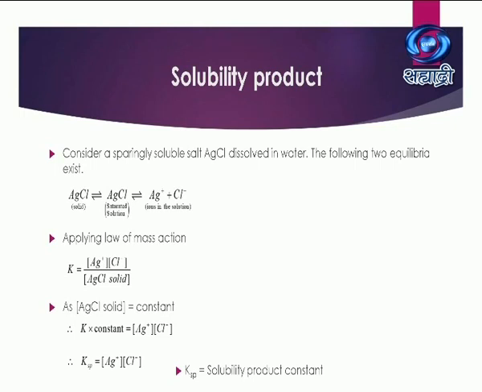Let us consider the first example: a sparingly soluble salt silver chloride dissolved in water. The following equilibria exist. AgCl solid reversibly gives AgCl saturated solution, which reversibly gives Ag+ and Cl- ions in the solution. Again, to understand this, take the example of 100 molecules of silver chloride, out of which 2 molecules entered into the solution.